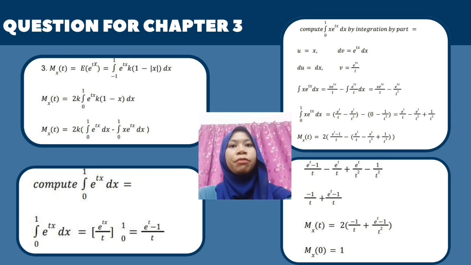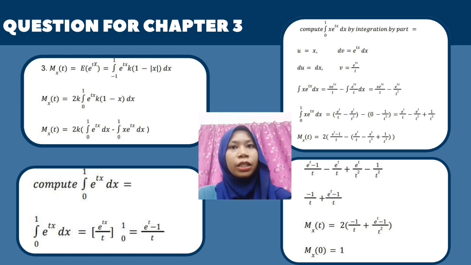So the MGF becomes 2k times the integral from 0 to 1 of e to the tx multiplied by 1 minus x. To solve this, I split the integral into two parts.